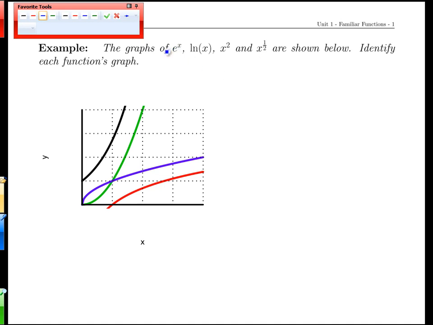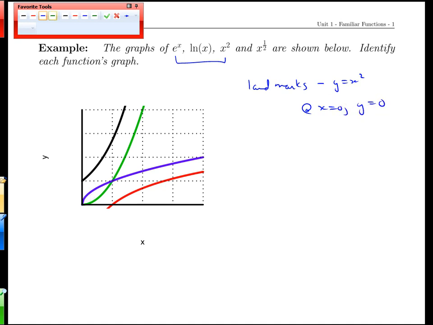Okay. So hopefully you recognize that there are 2 functions that grow very quickly, x squared and e to the x. So that would seem to indicate one of these 2 functions here. There are some easy landmarks that will help us distinguish those. For y equals x squared, at x equals 0, y is equal to 0 as well.